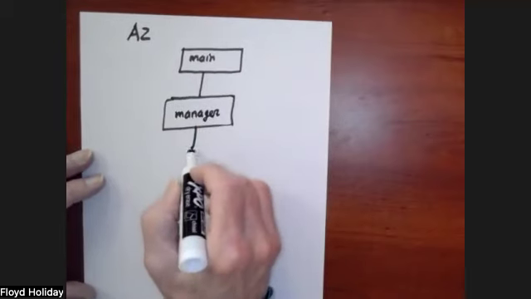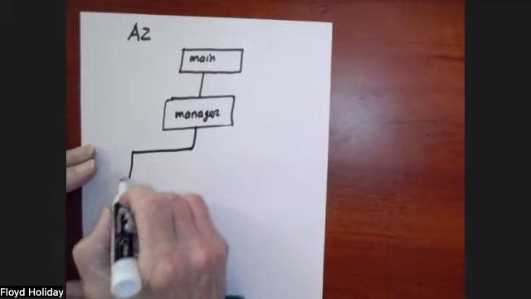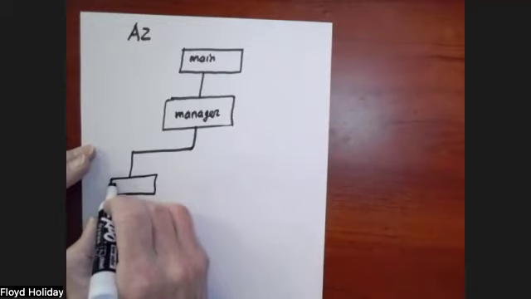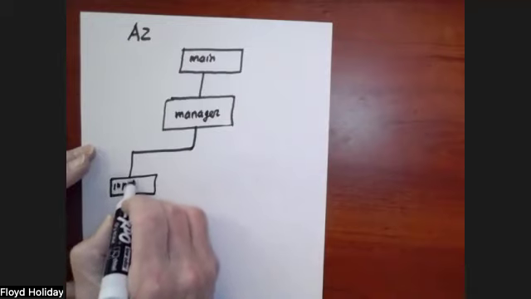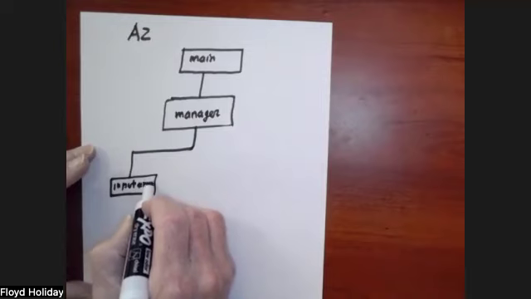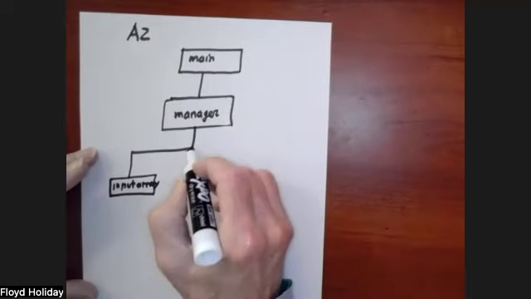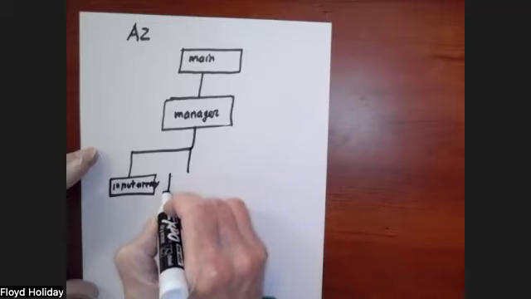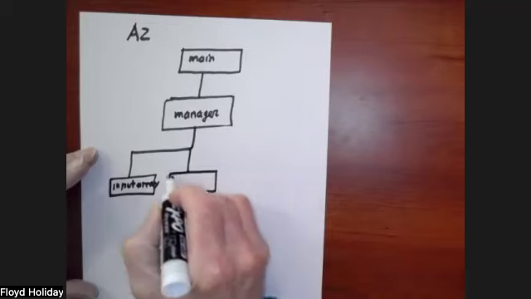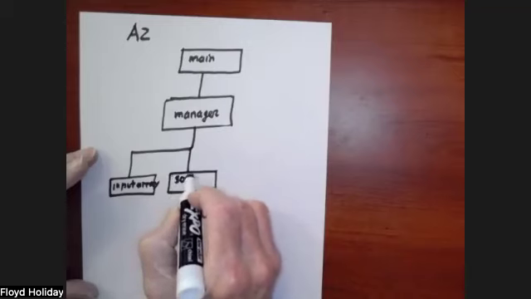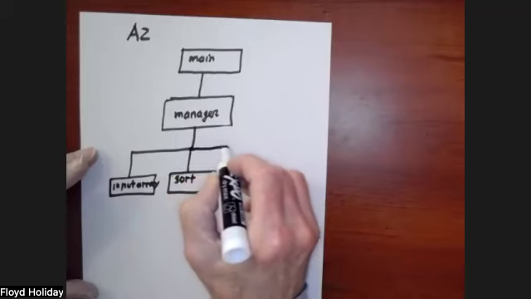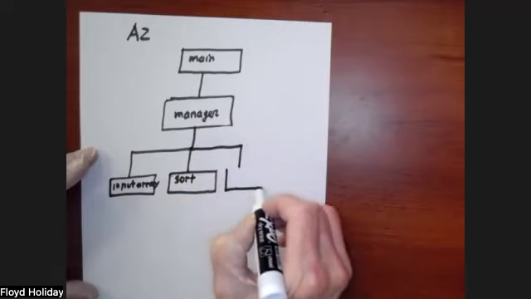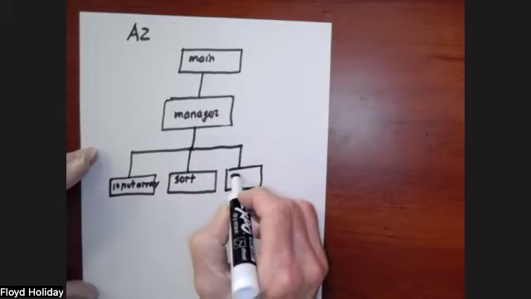And then this one in turn calls input array. And it in turn calls sort the array. And at a different point in time, it calls, I think it was the sum of numbers.